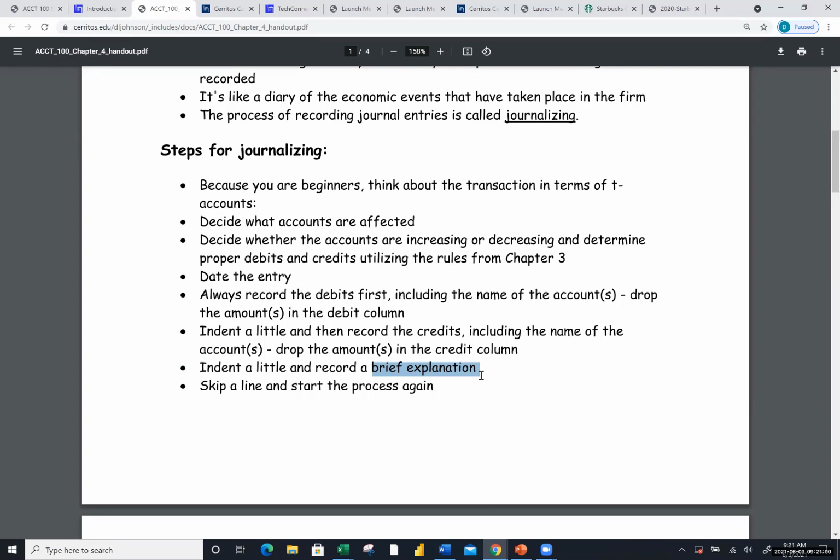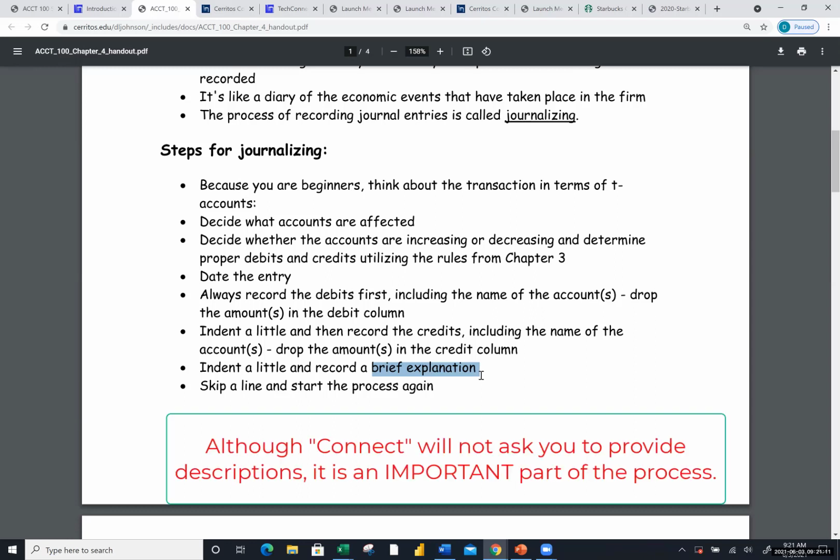If I asked everyone to put a description down in here, I'd probably get 7 or 8 different answers. That's why Connect will not ask you to put the brief explanation in. It has no way of verifying that it is correct.